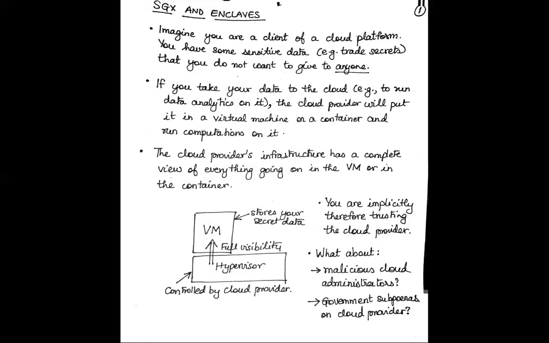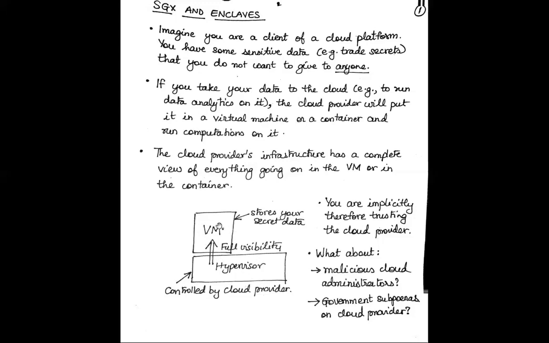Therefore, the cloud provider can just peek into the memory and look at all of the contents running inside the virtual machine. Of course, you'll have to interpret it, but the point is that that's just some additional work for the cloud provider. But the crux of the matter is that your secret data is gone, right? It's now available to the cloud provider, and that is against your security goals.